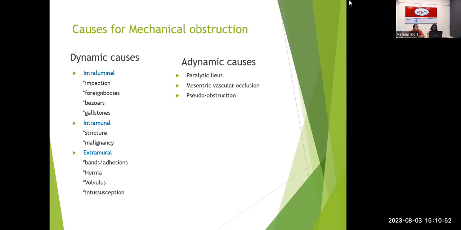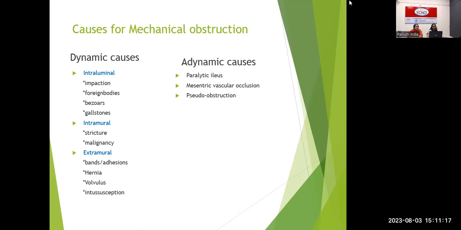Abdominal pain, okay. What type of vomiting do you see in intestinal obstruction? Abdomen will be tender, pain abdomen, hiccups, vomiting.